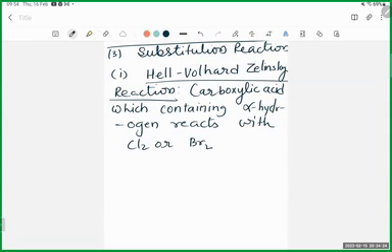Okay, the condition mentioned is either chlorine or bromine, and the other is that they must have alpha hydrogen. Okay, they react with this, correct?